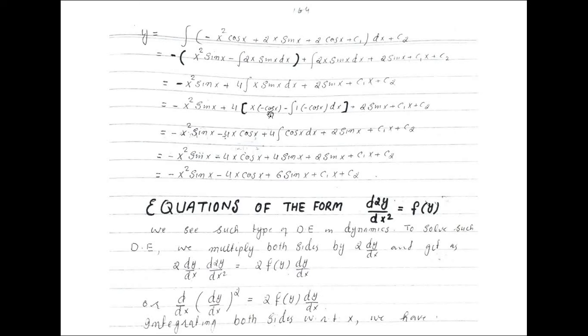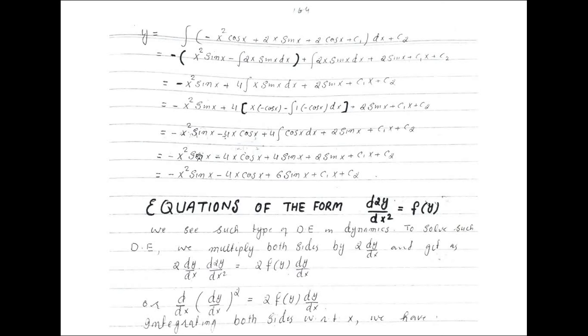Now here this product will be written here, this 4 minus into minus is plus, integral of cos. So here we see integral of cos, this 4 will be placed here. Now integral of cos is sine x, and all these functions will be placed here, and value of this integral is this one.